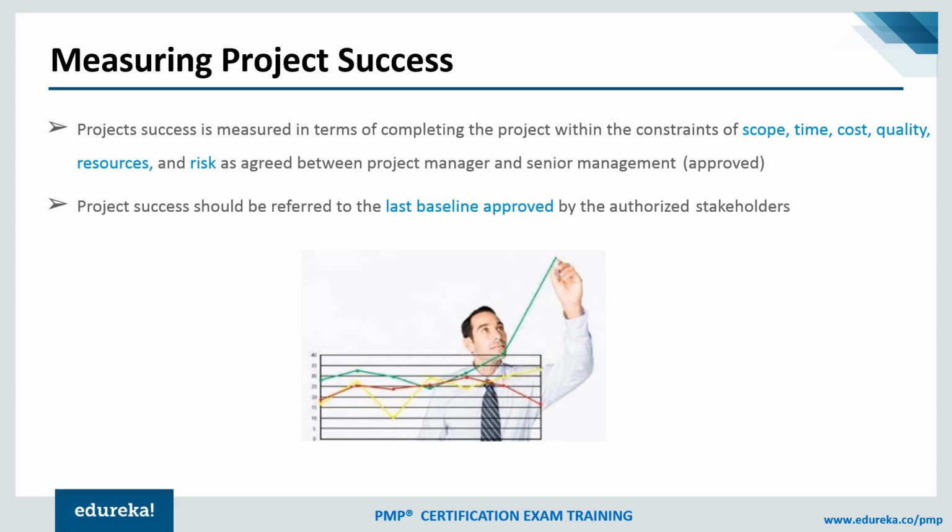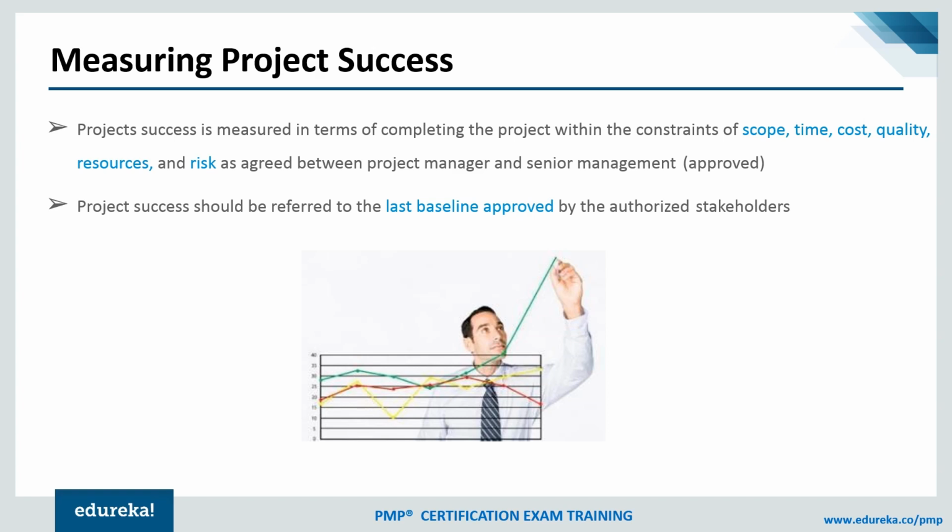You are the project manager, you started working on the project and you prepared the entire plan meticulously. You have the scope, time, cost, everything planned. You completed the project within the budget, within the quality parameters, everything is done, but the project got over on 15th of January.